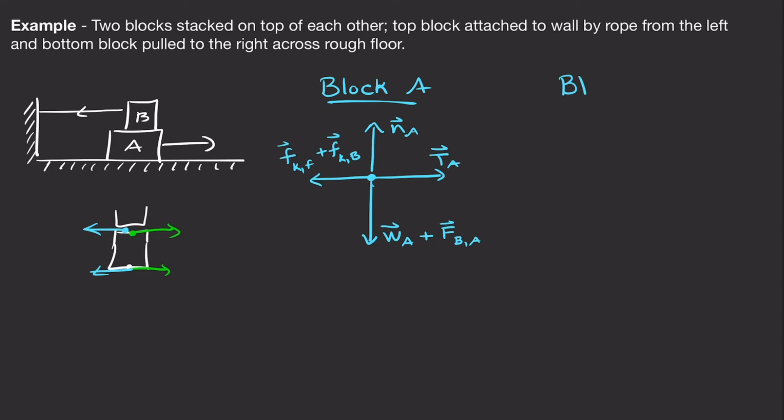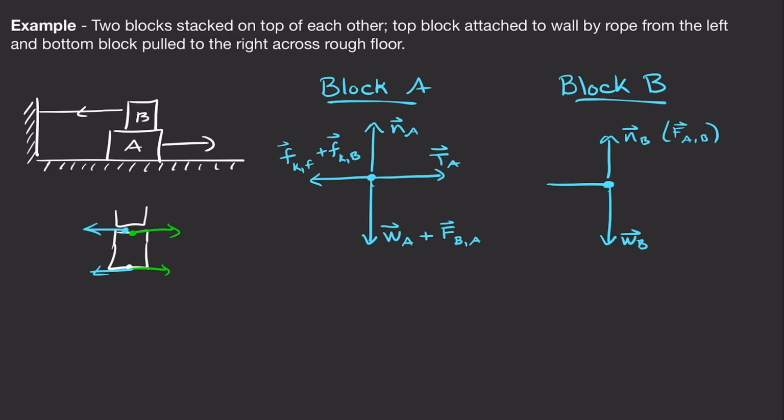If we then draw a free body diagram for block B, it just has a weight going down. Nothing on top of it pushing it down. It has a normal force on it, this time from block A. We could call this the force of A on B. This is not a separate force, this is the normal force.